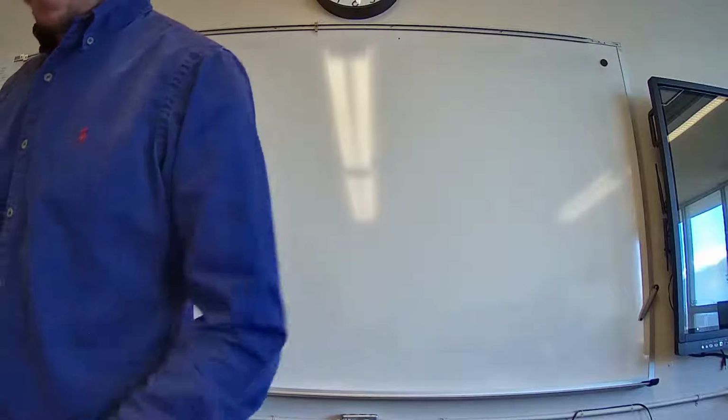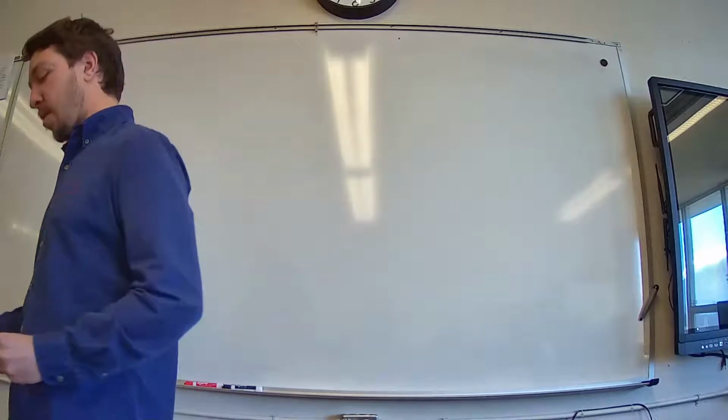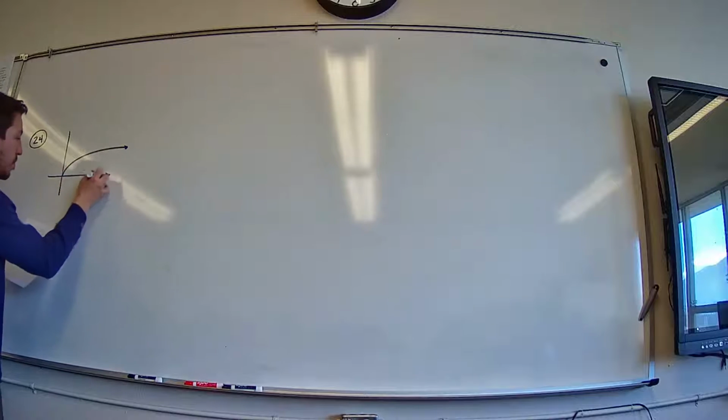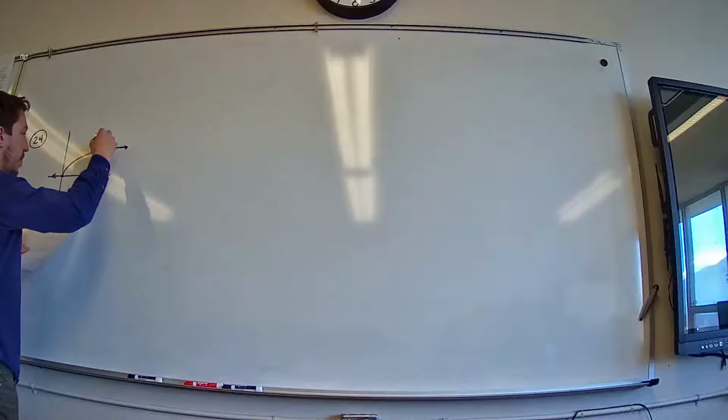Okay, let's look at 24. So 24 says, I've got this region. This region is bounded by y equals square root of x, y equals 0, and x equals 4.